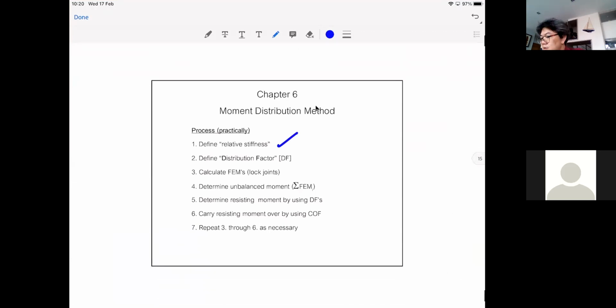So again, I can write down here that you need K for your distribution factor. So again, if you get your stiffness wrong, your distribution factor will be wrong, and you will be dead at that point.